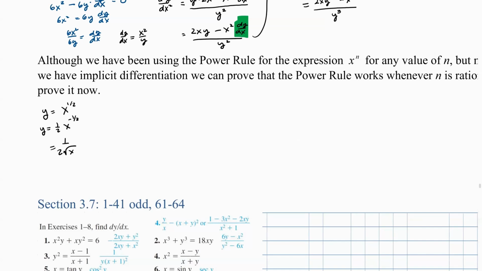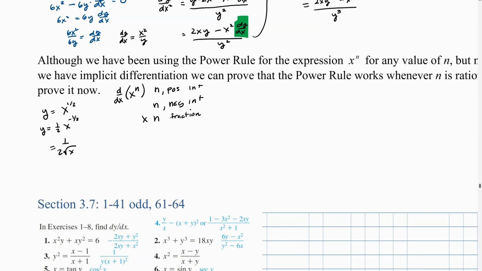Officially, we've never proved it. We have proved the derivative of x to the nth when n was a positive integer. We also proved it when n was a negative integer, but we've never proved it when n was a fraction, just some rational expression.